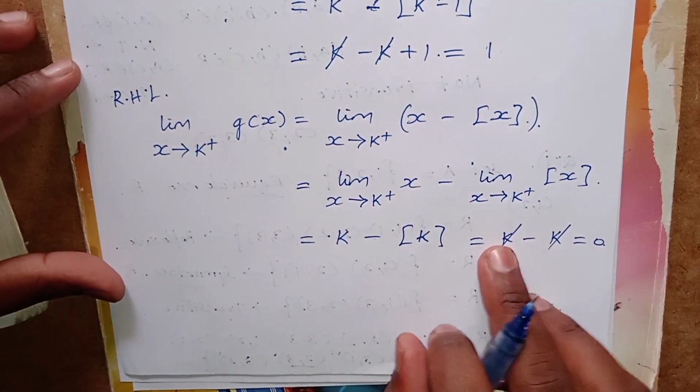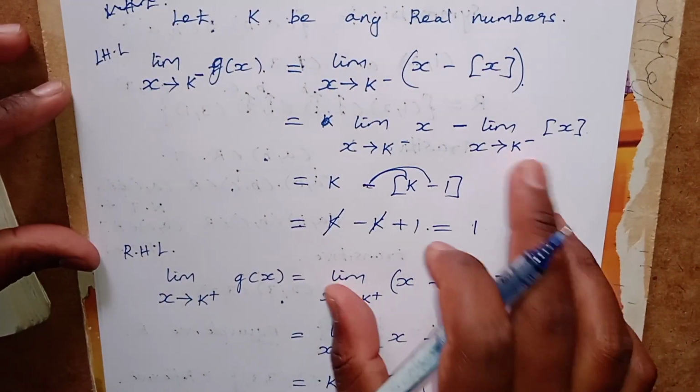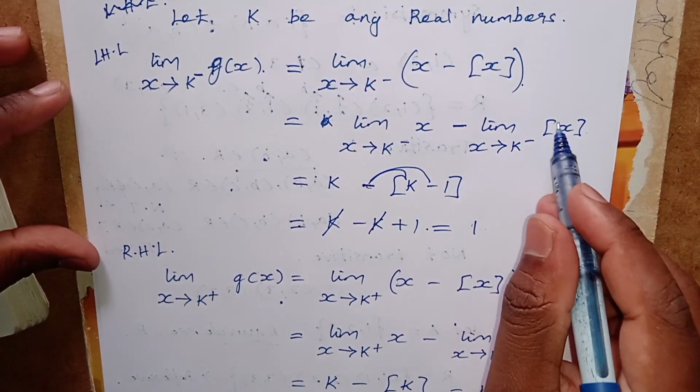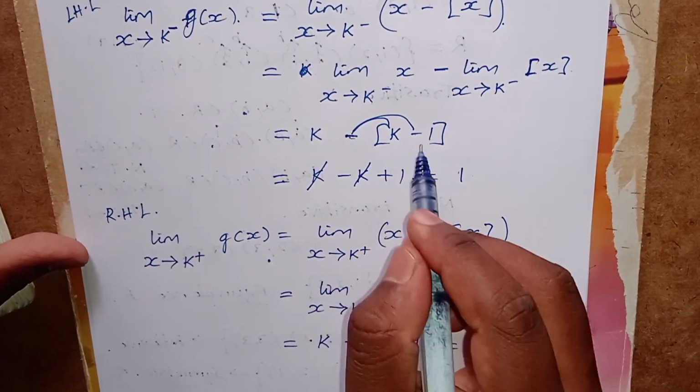For the greatest integer you will get the same k, but here it is not the case, for the greatest integer less than or equal to x, so we chose k minus 1.